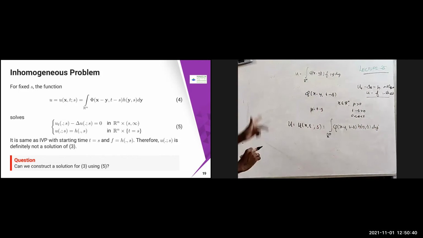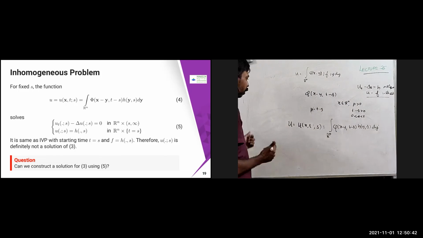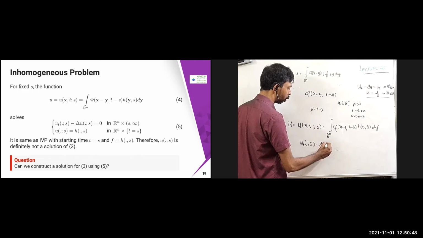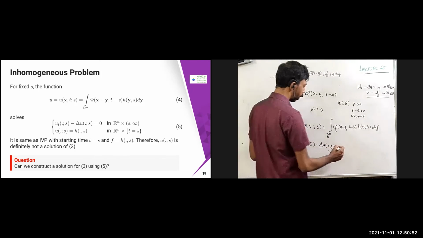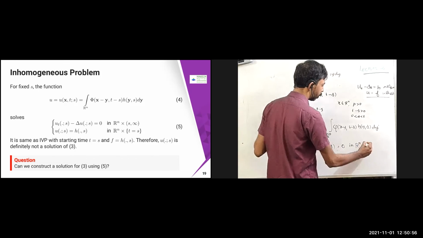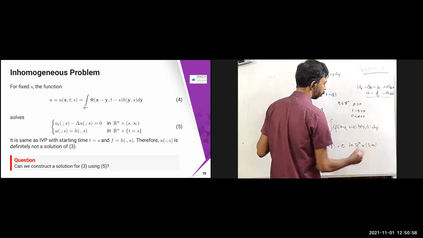Then this u is going to solve this equation: u_t minus Δu equal to 0 in R^n cross (s, infinity).